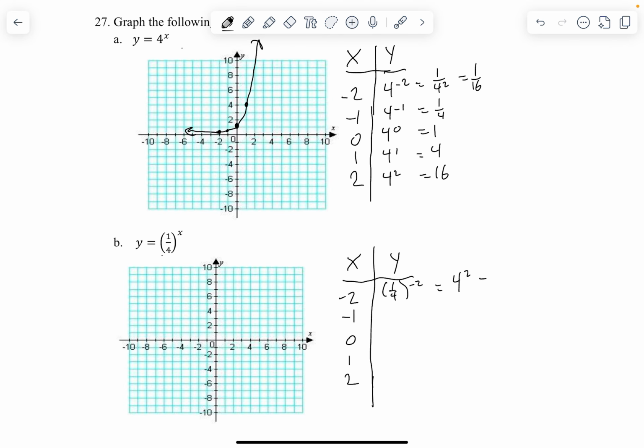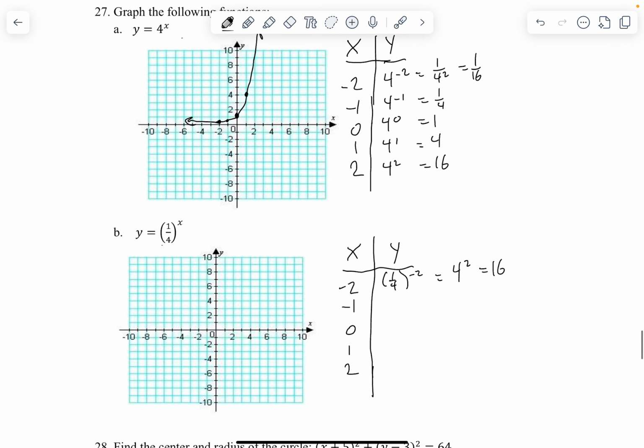So this is 4 squared, which equals 16. 1/4 to the -1 power equals 4 to the 1 power, which is 4. 1/4 to the 0 power equals 1. 1/4 to the 1 power equals 1/4. 1/4 squared equals 1/16. Okay.